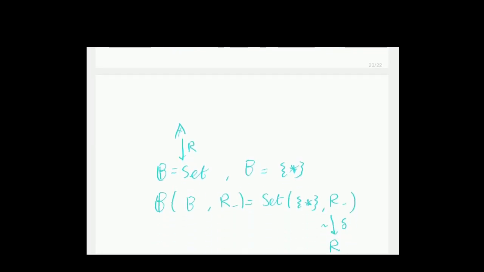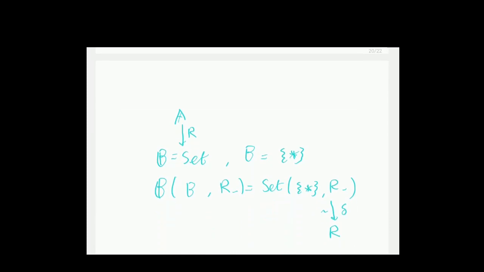So what we're going to do is make some simplifying assumptions. We're going to use scripty B as being the category Set, and we're going to suppose that capital B here is the singleton set. So we still have our functor R from A to B, but now we have a nice simplification because we're mostly interested in this functor scripty B of B comma R blank. But we know that scripty B is Set, and capital B is the singleton set.